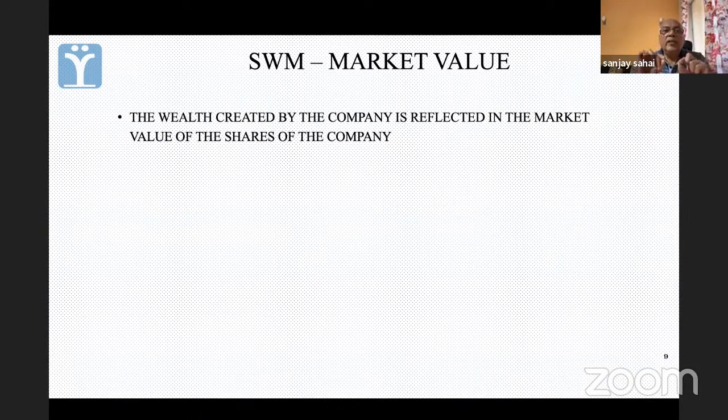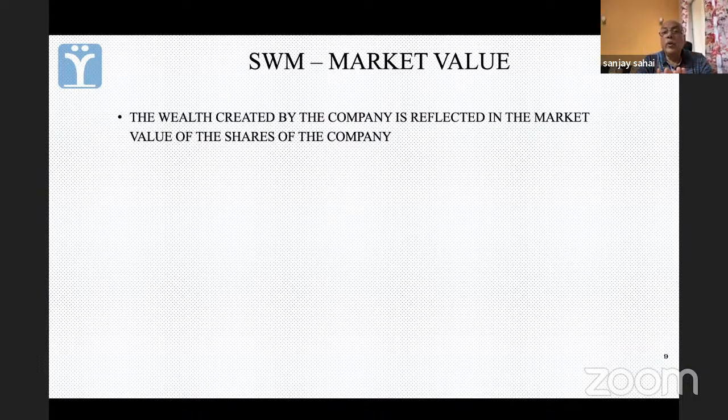Now, when we say that wealth created by the company is reflected in the market value of the shares, we are also saying that the market value of the shares is unpredictable because we don't know what the market value will be. Because it is going to depend on all those millions of investors who are taking decisions on their own. So this is a tricky thing here.